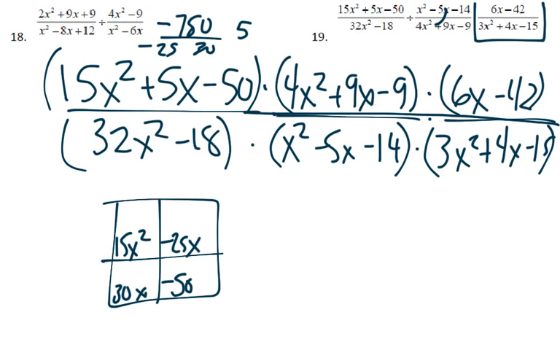Now this one's going to have a lot to it. So 15 is 3 times 5. Negative 25 is negative 5 times 5 times x. 30 is 3 times 10 times x. And negative 50 would be negative 5 times 10.